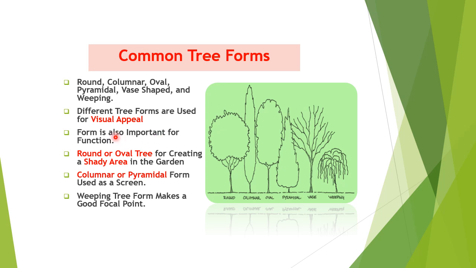We will discuss this when we discuss the texture of plants in relevance to garden design. Round or oval trees create a shady area in the garden, and columnar or pyramidal forms are used as a screen. Weeping tree forms make a good focal point to a particular area.